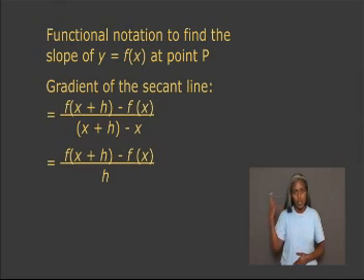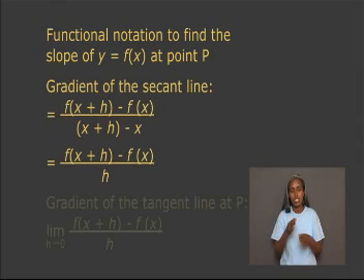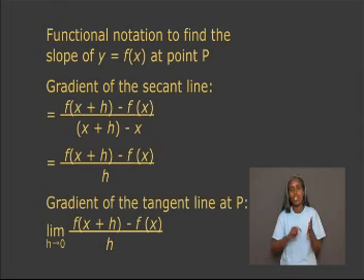Using the same method as in delta notation, we can express the gradient of the tangent line at P as the limit of (f of (x plus h) minus f of x) over h as h approaches 0.